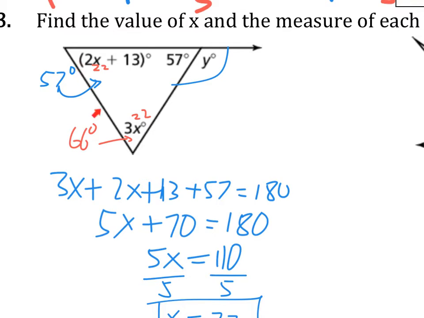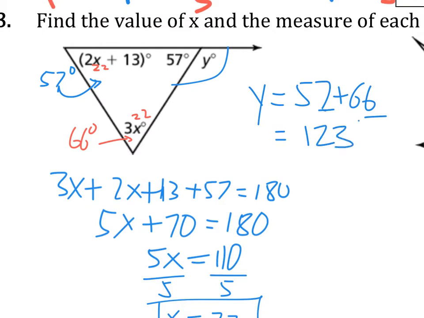Remember that the two remote interior angles add up to that exterior angle. So y is equal to that 57 plus 66. And 50 and 60 is 110, and 7 and 6 make 13. So 123 degrees.